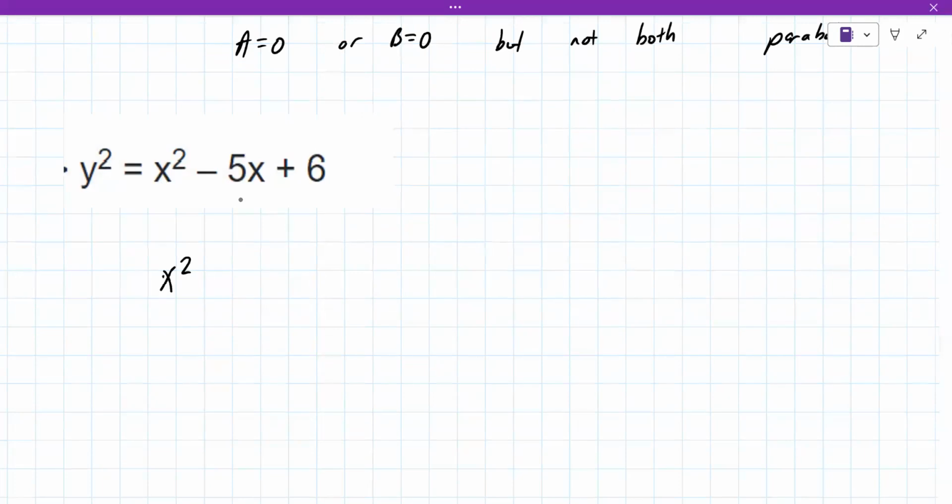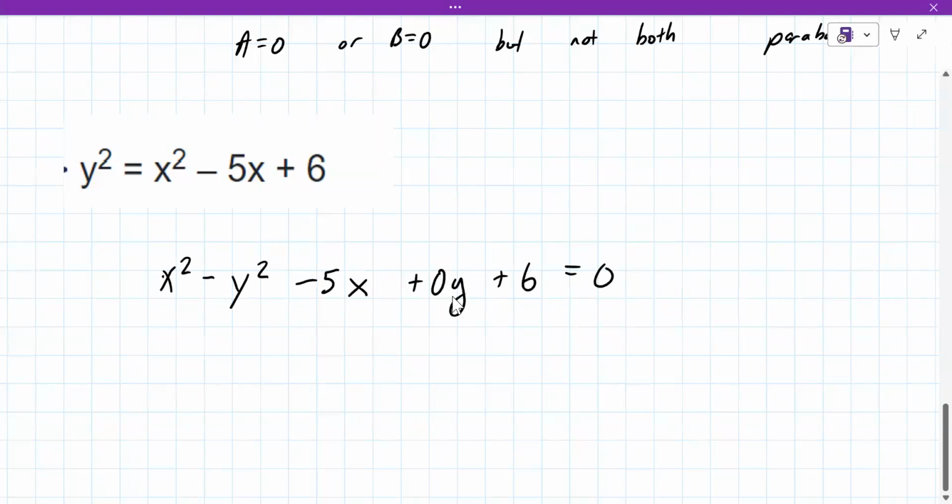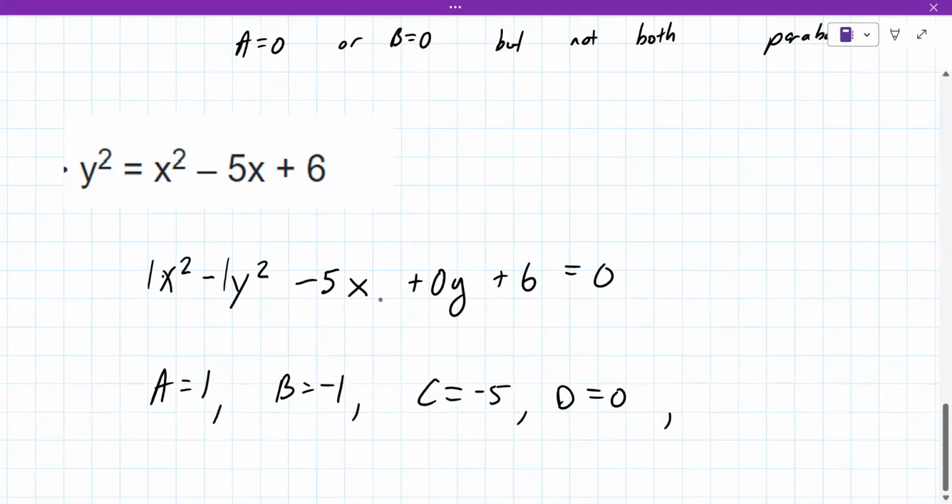It doesn't matter. x squared minus y squared minus 5x plus 0y plus 6 equals 0. Again, you kind of want to fill in those missing values so that you can write the coefficients. So a equals 1, b equals -1, c equals -5, d equals 0, and e equals 6.